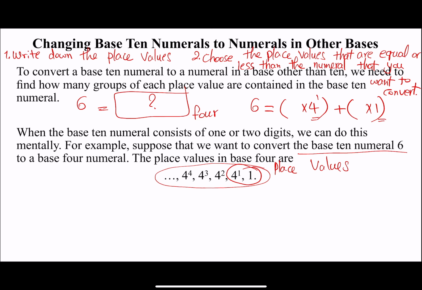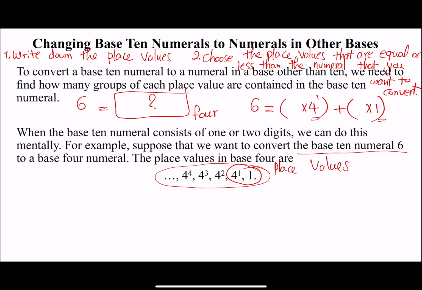Then see how many groups of these place values make your number. So I want to see how many groups of 4 and how many groups of 1 make numeral 6.